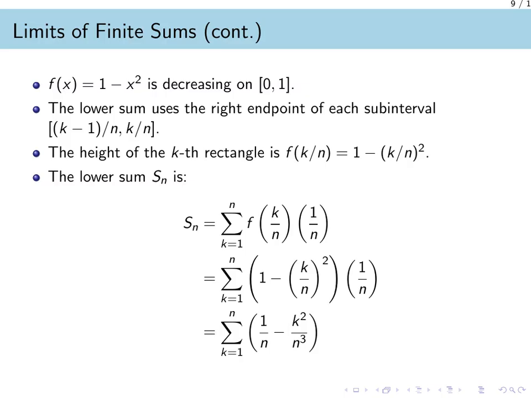The width of each rectangle is 1 over n. The total area, which we call the lower sum S sub n, is found by summing the areas of all n rectangles. The expression shown here is the complete formula for this lower sum, which simplifies to the sum from k equals 1 to n of the quantity 1 over n minus k squared over n cubed.